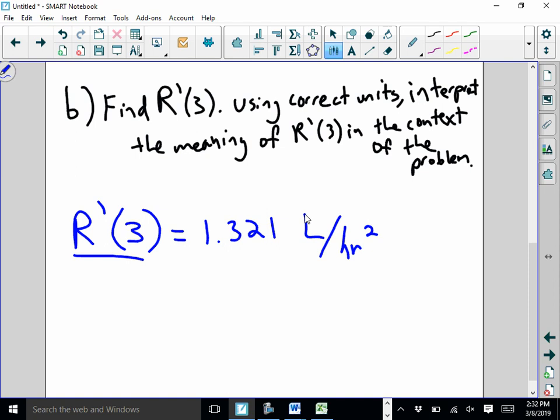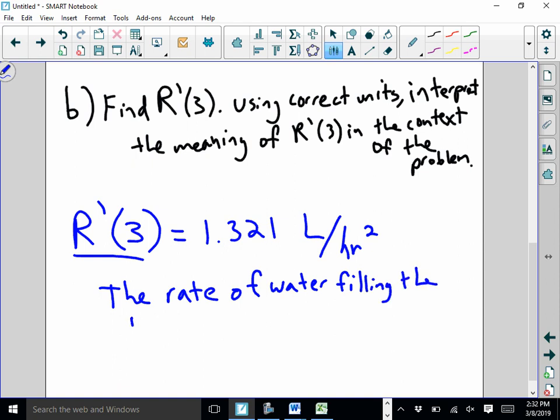So I'm going to show you 2 different ways that you could write this. But the way I usually see it written on the keys for the scoring guidelines is this. They're going to say the rate of water filling the tank, that's referencing r, is increasing.